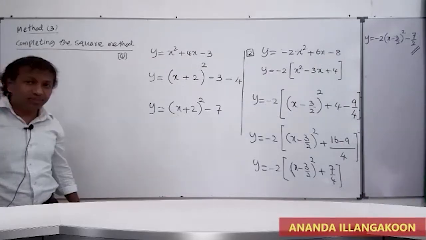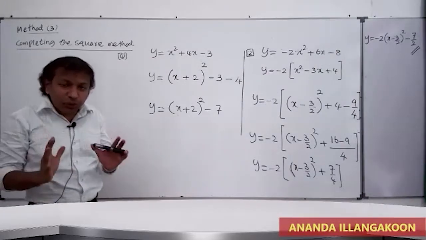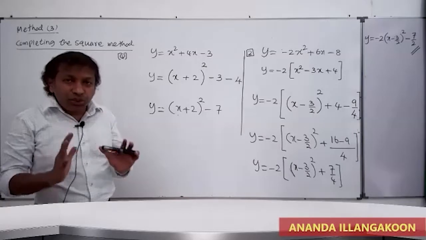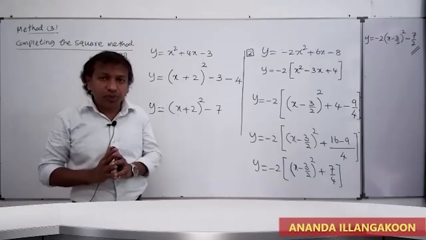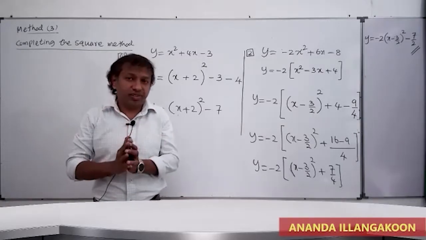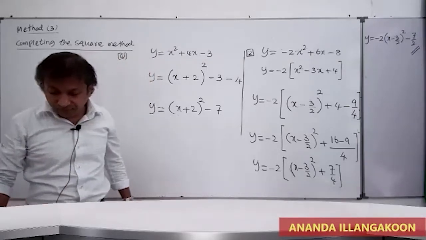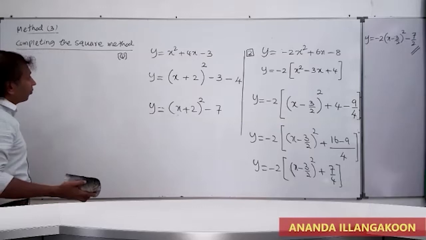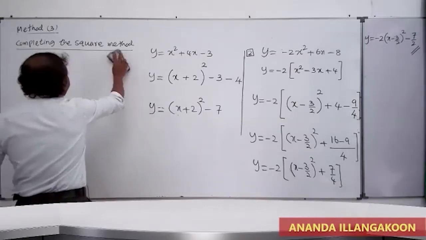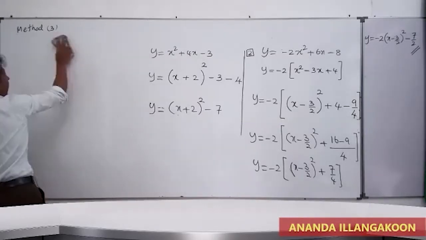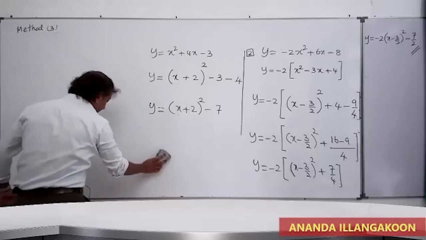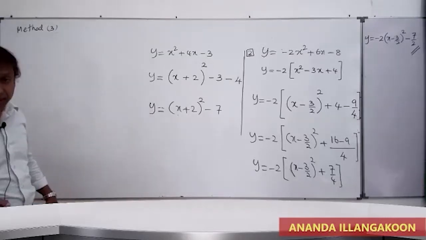Now, people, we will see how to use this completing the square to draw the very first graph we drew today. We'll then come to this. Yeah, write down like this.